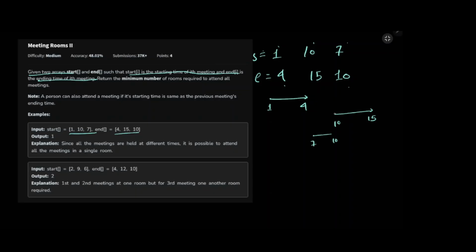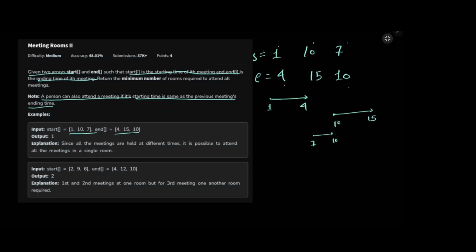Okay, so here you might make the assumption that 10 is the overlapping time, but here it says a person can also attend a meeting if its starting time is the same as the previous meeting's ending time. So we can assume that changing the meeting room will take 0 seconds, so instantaneously he can join another meeting.